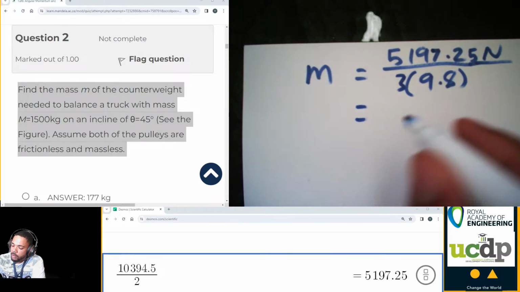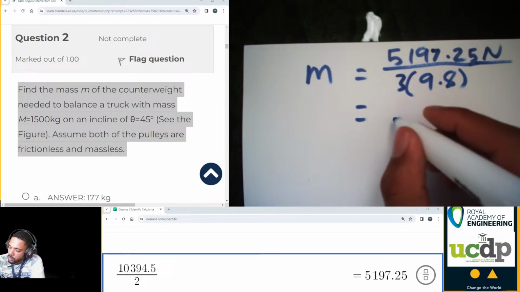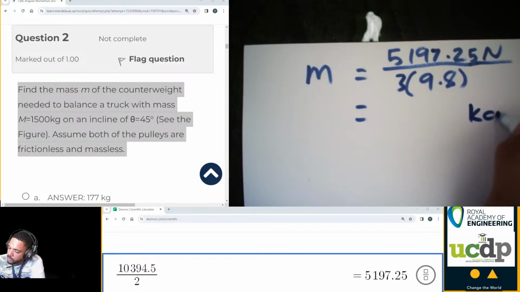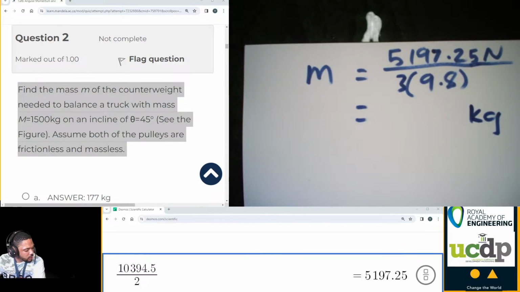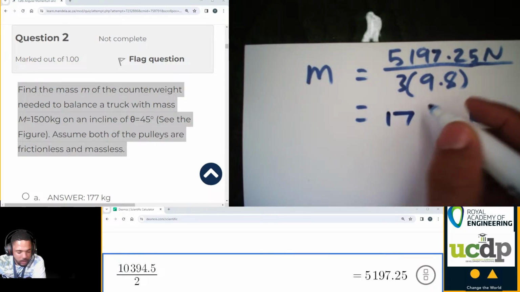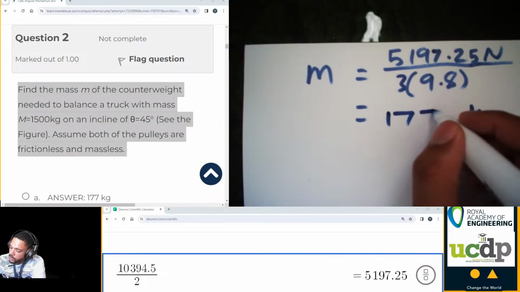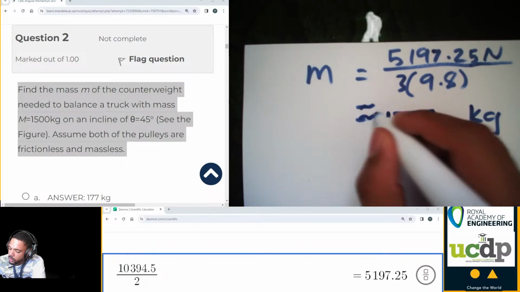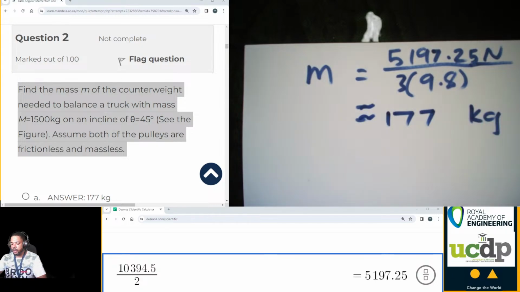Your answer will be in kilograms. If you work it out, you should get approximately 177 kilograms will balance that bucky.